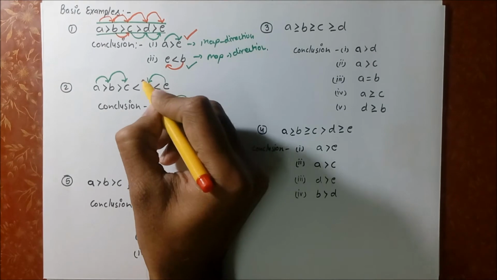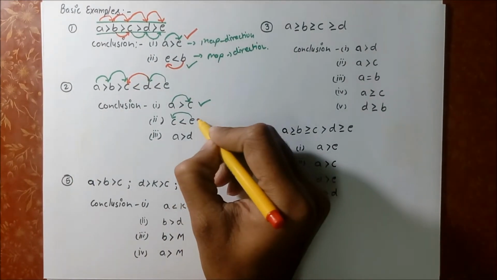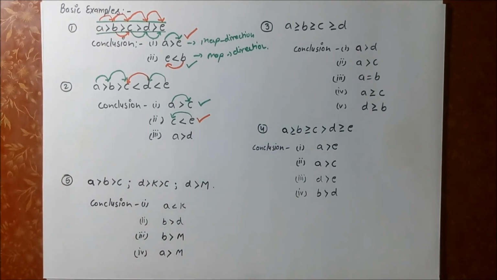Then D to C, yes I can go. So this conclusion also follows, means I am able to go E to D and D to C. There is no restriction.